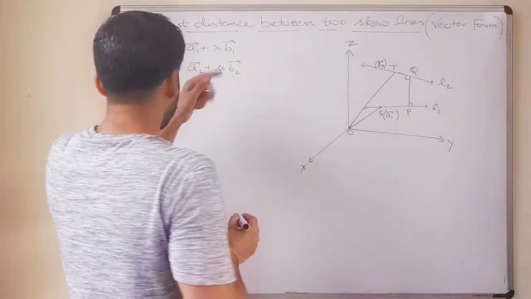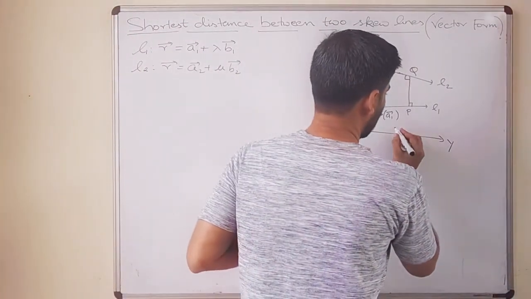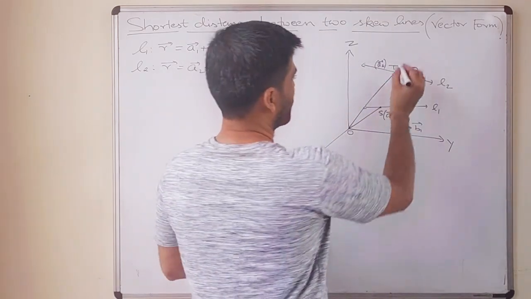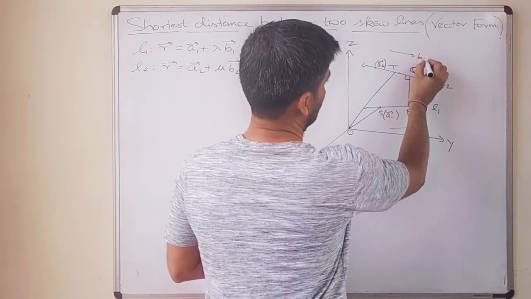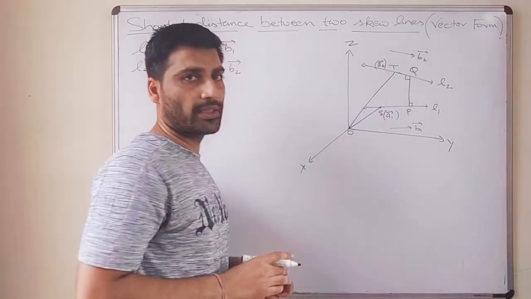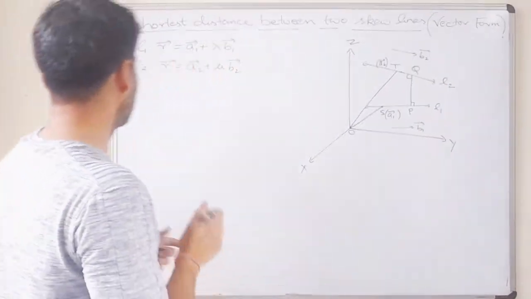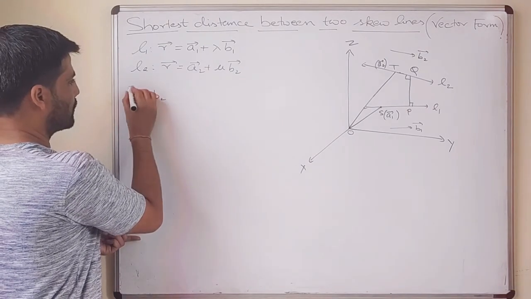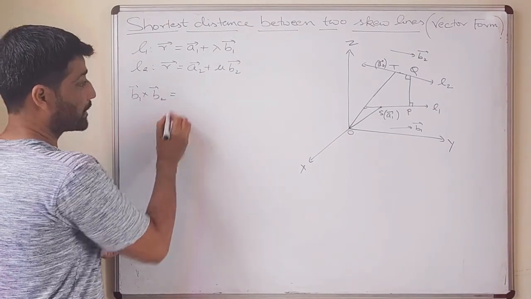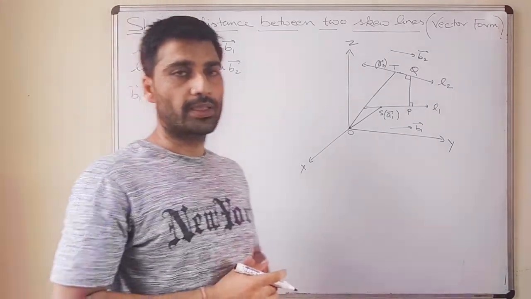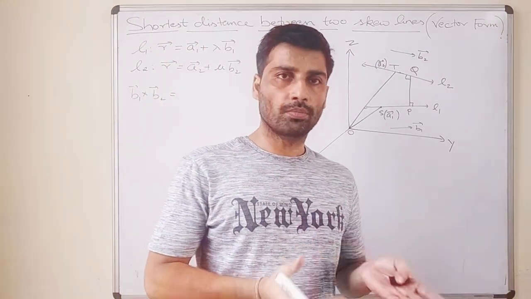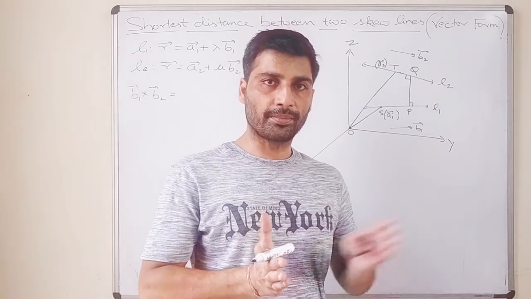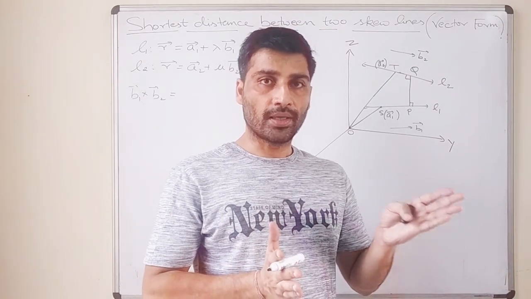It means line L1 is parallel to vector b1 and line L2 is parallel to vector b2. So b1 cross b2 is going to be perpendicular to both the lines, because b1 is parallel to line L1 and b2 is parallel to line L2.